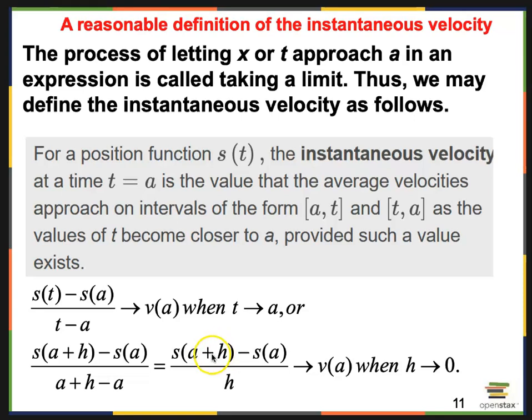It's just a little bit above or a little bit beyond a, minus s of a, divided by that h value as h approaches 0. Because think about that: as h goes to 0, we get to a. So this would be the same.